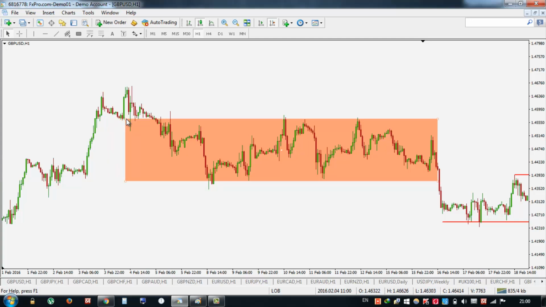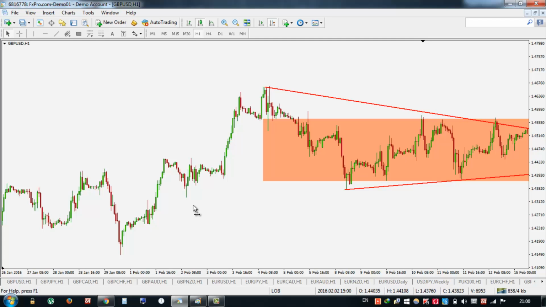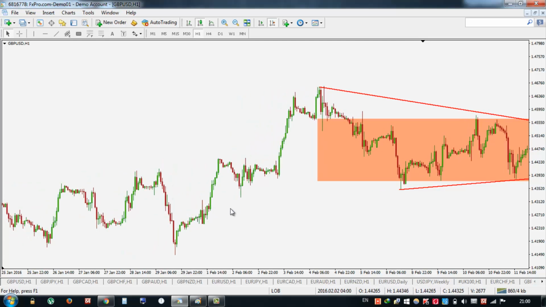And within this, I've just seen that perhaps we could even draw a triangle. So there you go. I'm not really ever too neat with my patterns, to be fair. It's a nice little break here, so that's a nice one. And this is a 1 hour chart, guys, so you're bound to see a lot of noise as well.